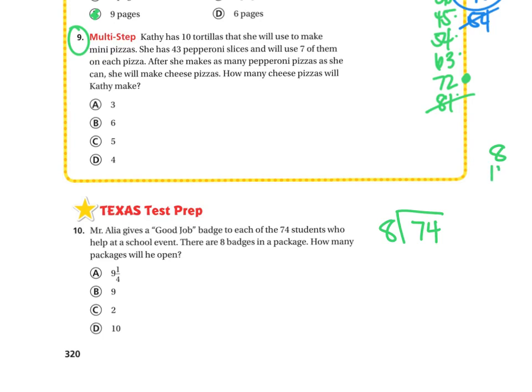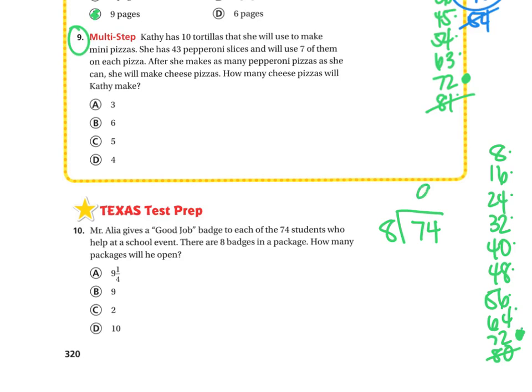We've got 8, 16, 24, 32, 40, 48, 56, 64, 72, and 80. Okay, 80 is too much. That's past our dividend. So, gonna have to go with 72. That took us 1, 2, 3, 4, 5, 6, 7, 8, 9.